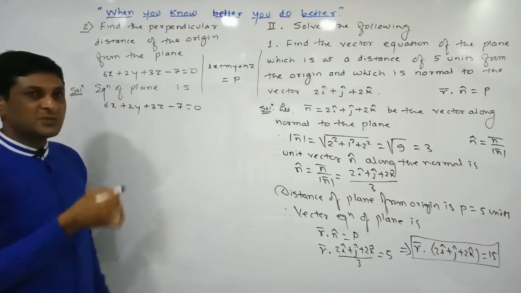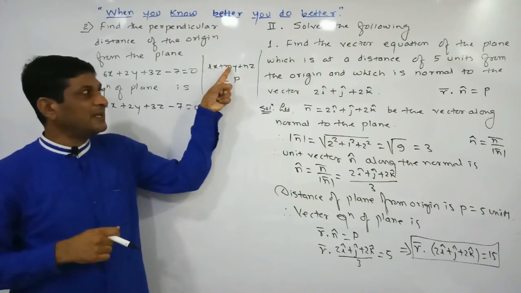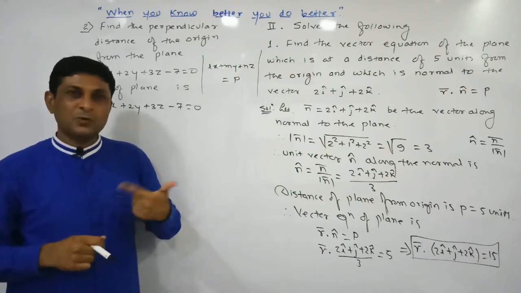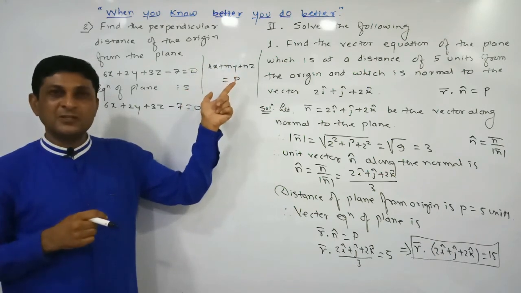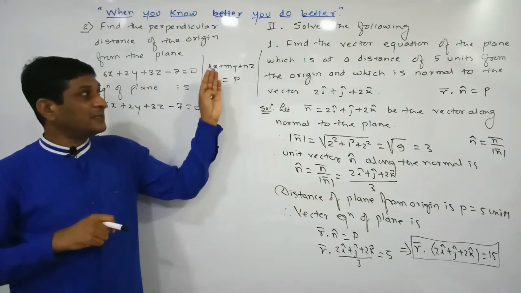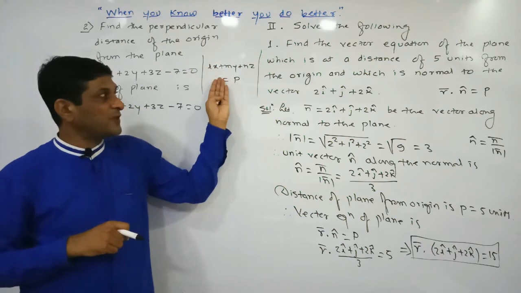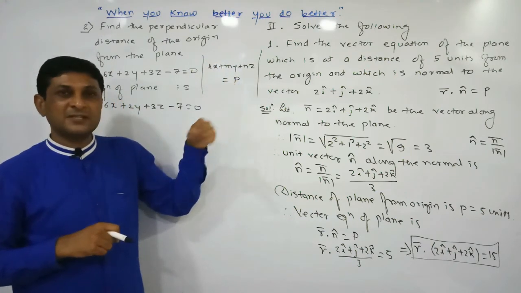If the coefficients of x, y, z are l, m, n, the direction cosines of the normal to the plane, then we can say that the equation is in normal form. And if the equation is in normal form, then the value on the right hand side, p, is nothing but what?